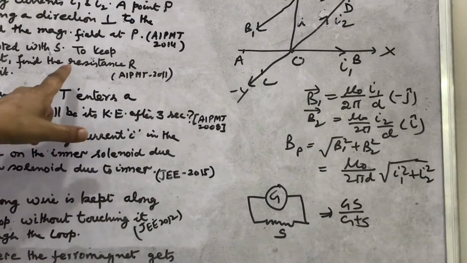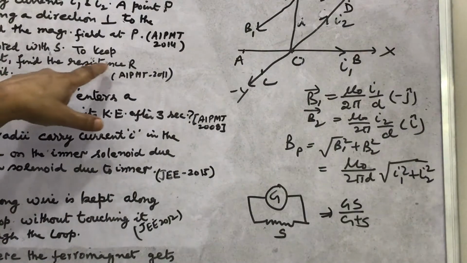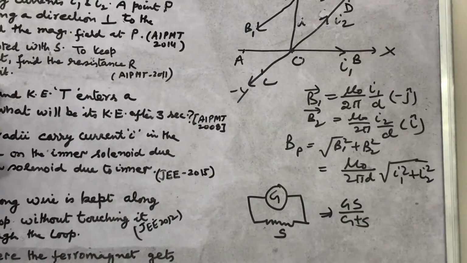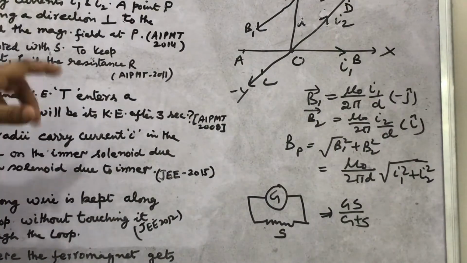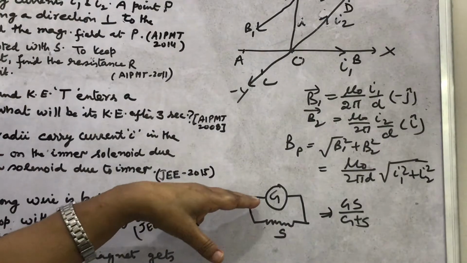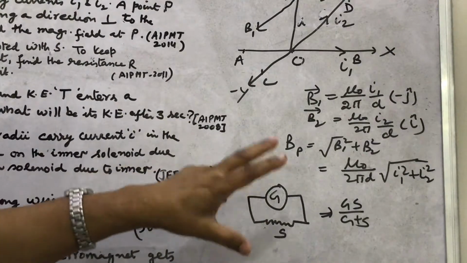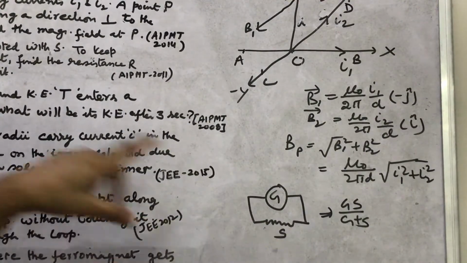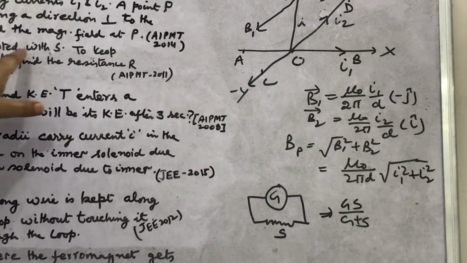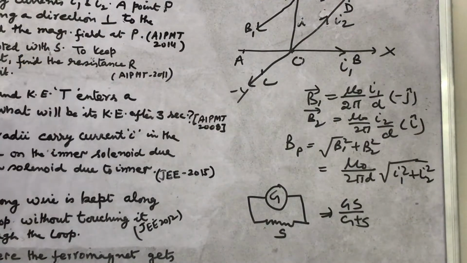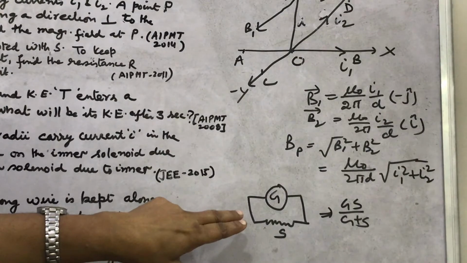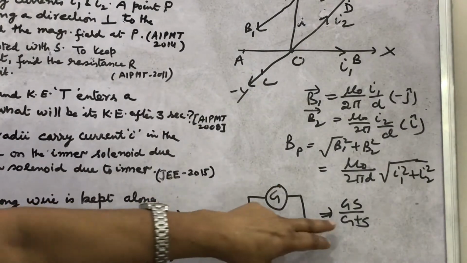But as per the question, a resistance R is to be connected in series so that the current remains unchanged. The galvanometer resistance G is shunted with S, and to keep the current unchanged, when the shunt is connected, the galvanometer resistance becomes this.